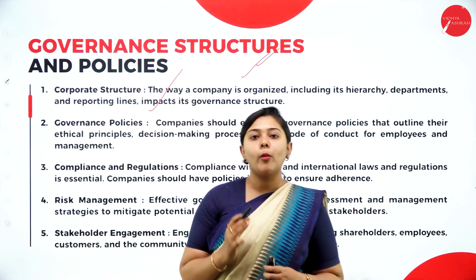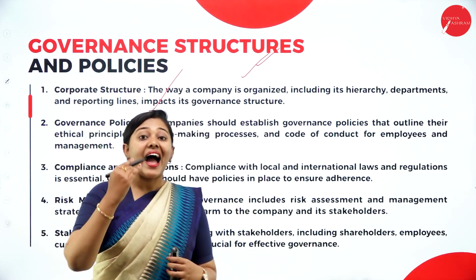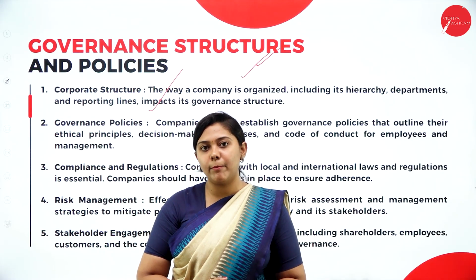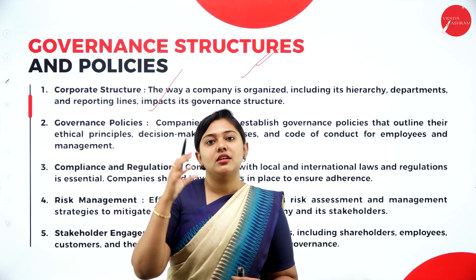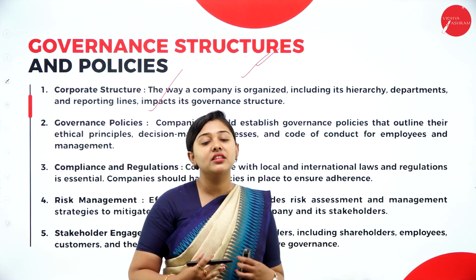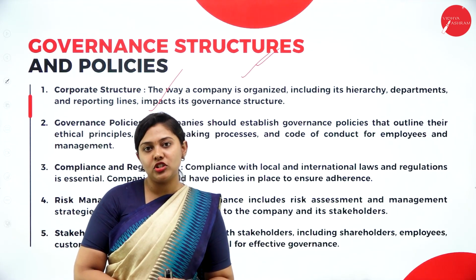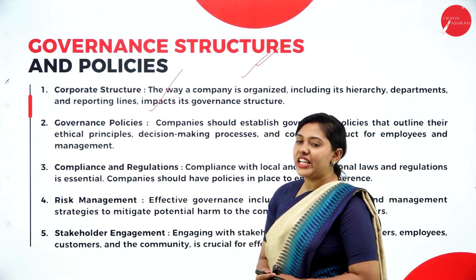Once you have a proper governance structure, there will be ethical acts happening, because there will be no bias among the employees. Employees will be provided with the right job at the right time with the right responsibility, so that they can work more efficiently and effectively. So corporate structure is very essential.